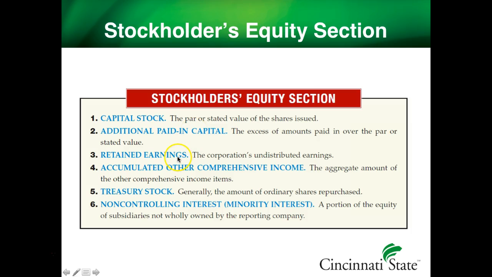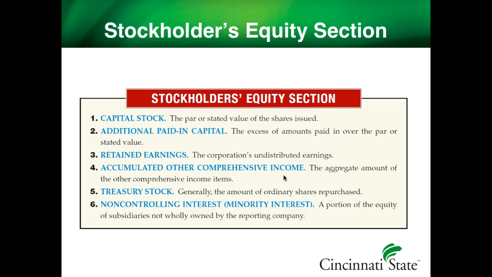Retained earnings is the corporation's undistributed earnings, or net income less declared dividends. Sometimes we will see accumulated other comprehensive income, which is the aggregate amount of the other comprehensive income items, such as unrealized gains or losses from market value fluctuations for pension funds, also possible for foreign currency exchange transactions.